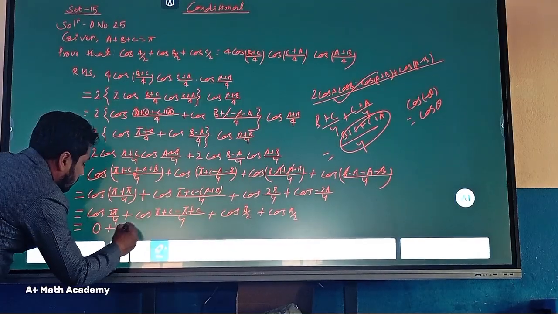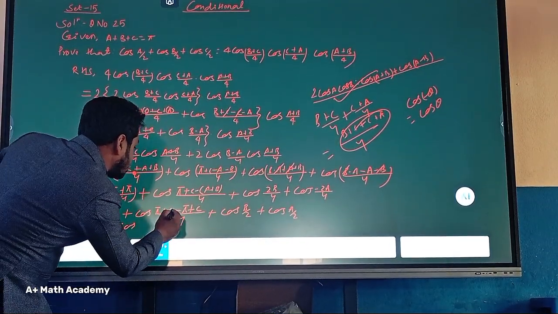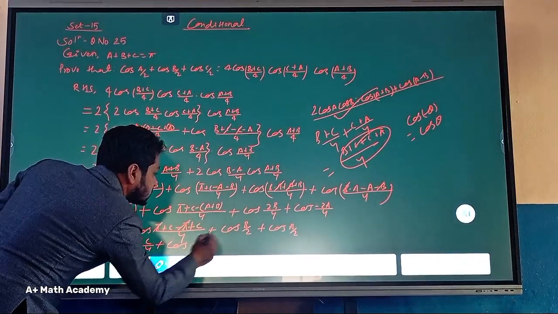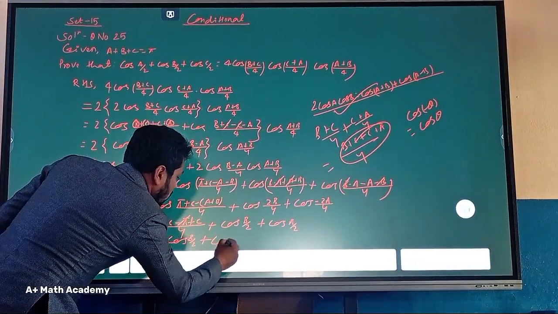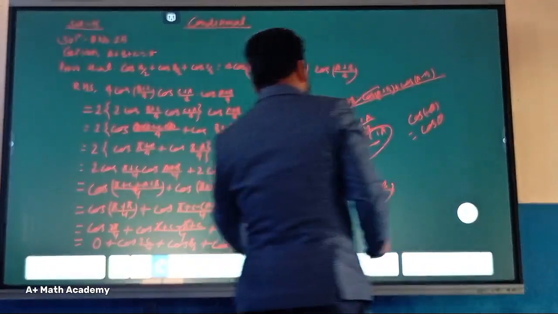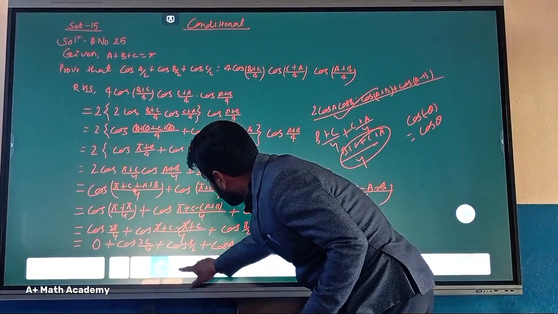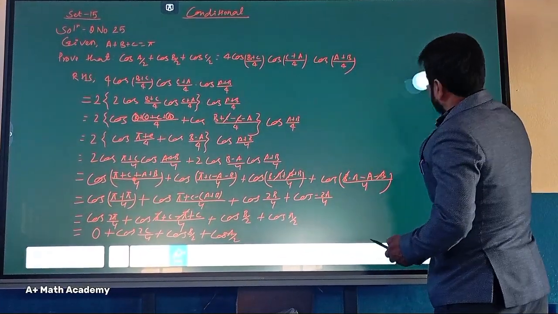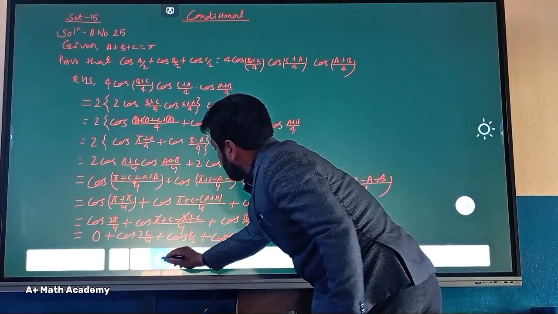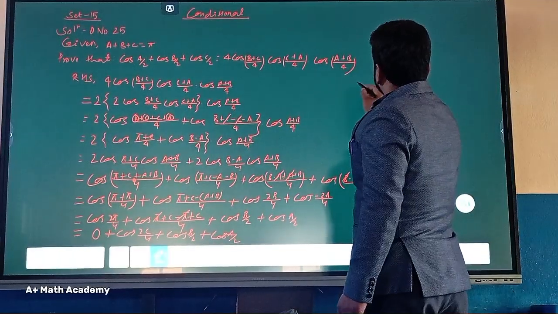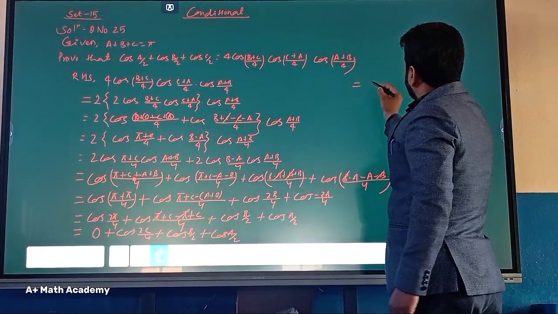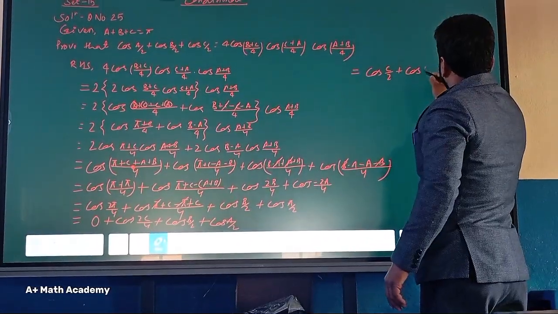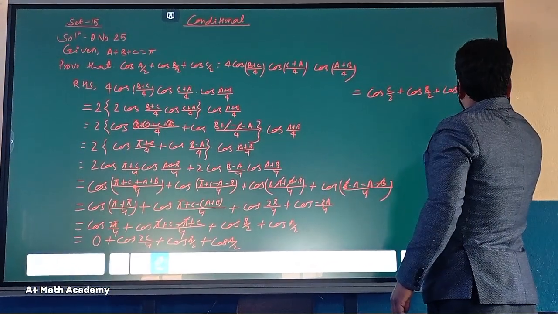So we get 0 plus cos C by 2 plus cos B by 2 plus cos A by 2.